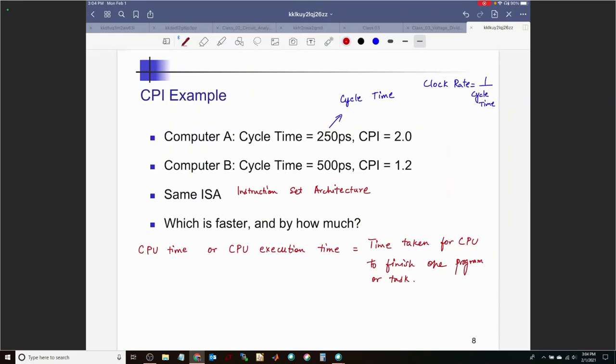So I'm going to need a variable, say, for the number of instructions. It's the same instruction set architecture for both computers, and I'm going to only look at one particular number of instructions, and I'm going to call that I, right? So I is the number of instructions for both computers.